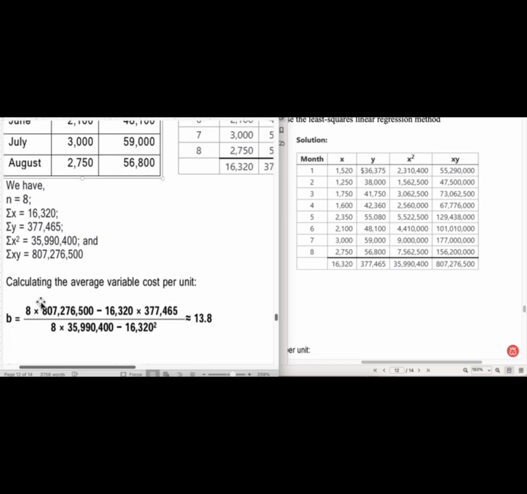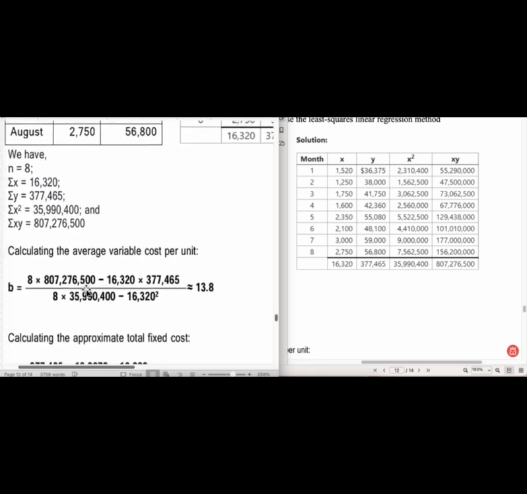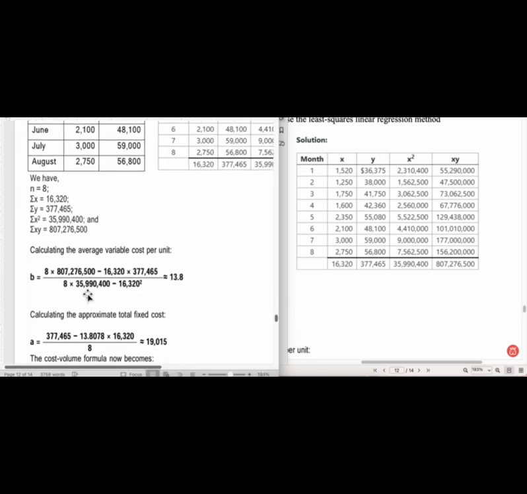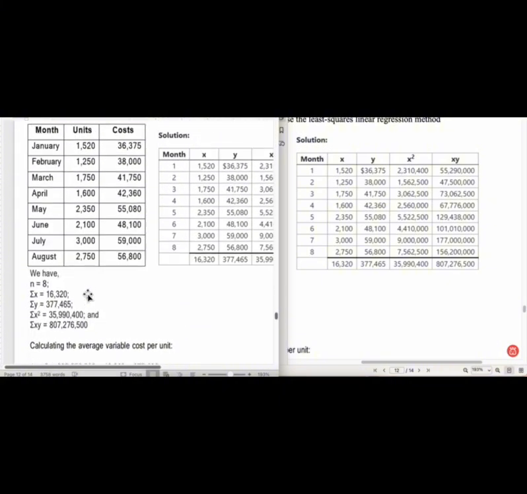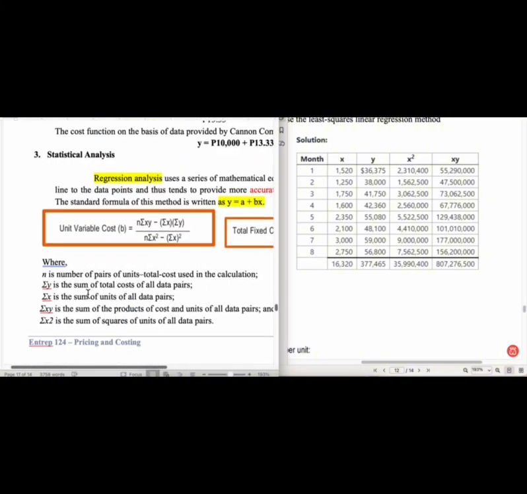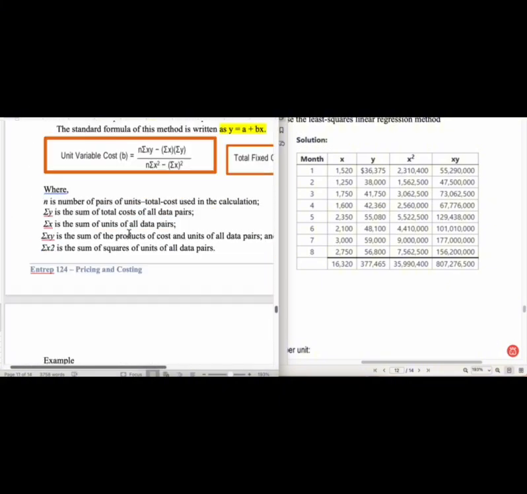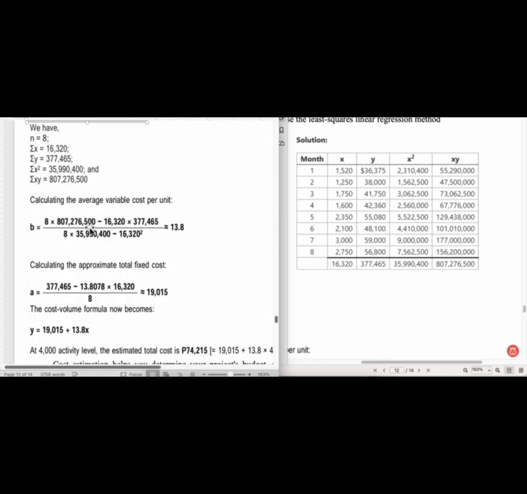We have n equal to 8, since there are 8 transactions, then the summation of x, which is 16,320, the summation of y, which is 377,000, and so on. So let us solve for our unit variable cost, which is the summation of xy.